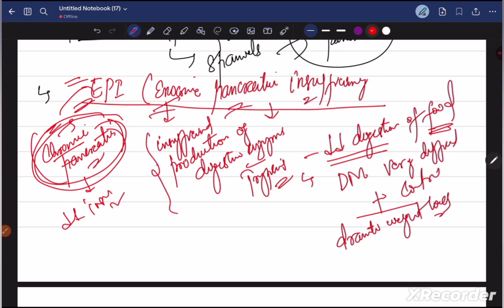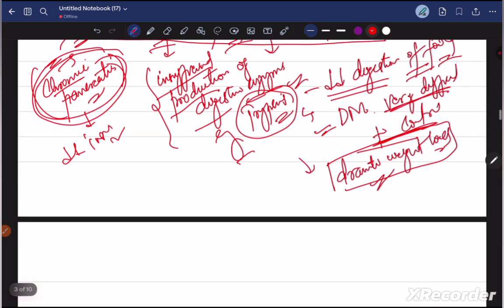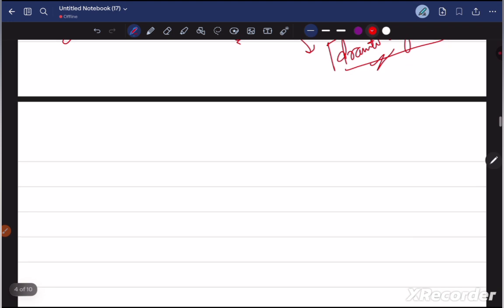It means there is insufficient production of digestive enzymes, for example trypsin, so there will be decreased digestion of food. That will make diabetes mellitus very difficult to control, and because of decreased digestion and absorption of food, there will be dramatic weight loss.